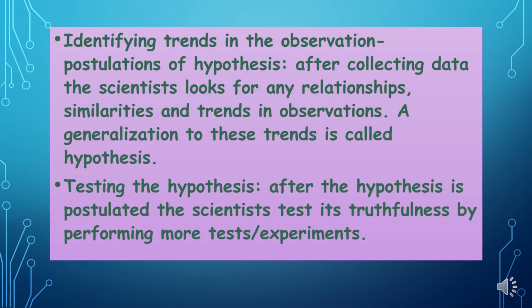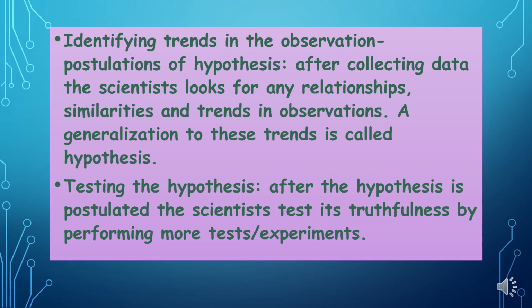Third, identifying trends in the observation and postulating hypotheses. After collecting data, the scientist looks for any relationships, similarities, and trends in observations. A generalization of these trends is called a hypothesis.